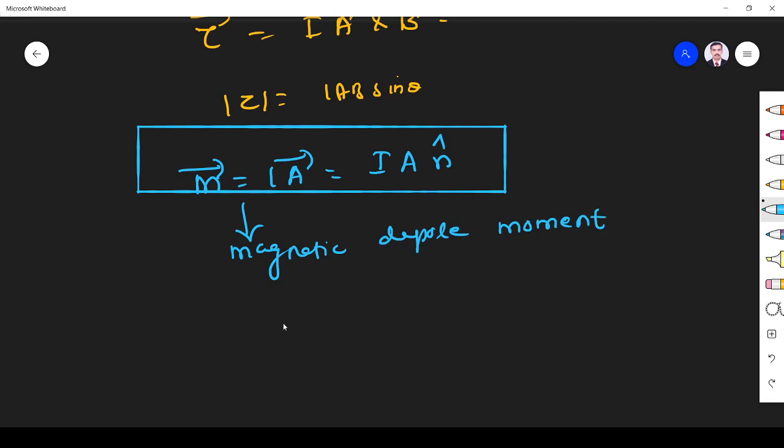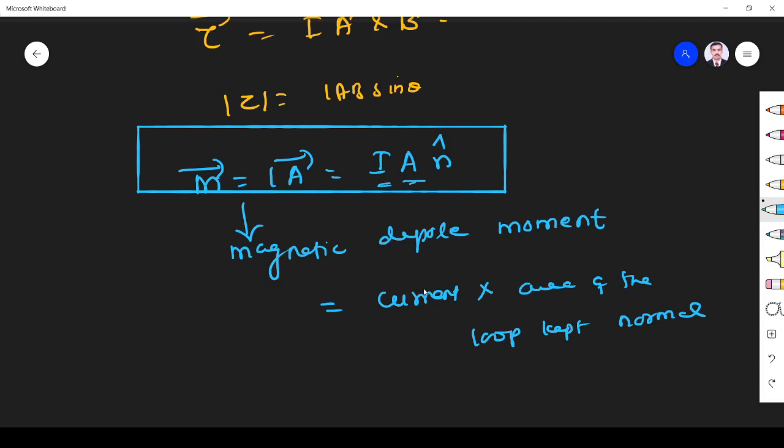Okay, so what is this? Magnetic dipole moment is the product of current and the area of the loop kept normal. Is it right? Yes or no? It is a product of current and area, and the unit vector is the normal vector.